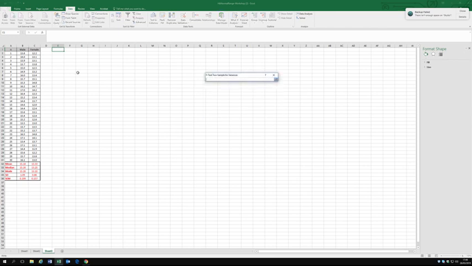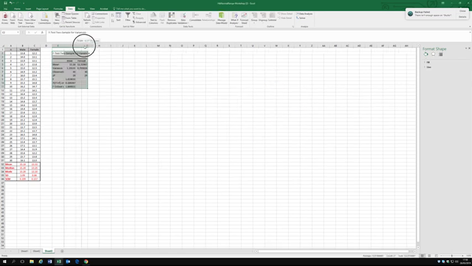So we have an input range request for male and an input range request for our female, so our two variables. I've added the labels. Our significance criteria is 0.05. And we're going to put the output range just here so that we can actually see it. So once we've selected everything, we now have an F-test.